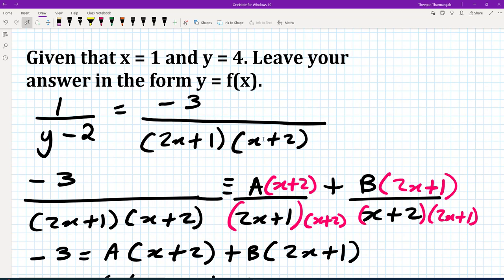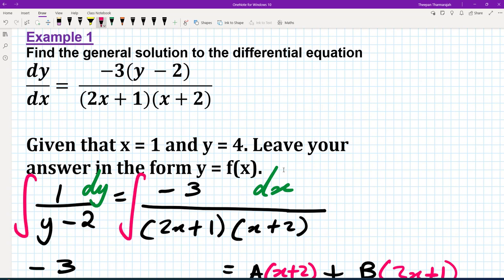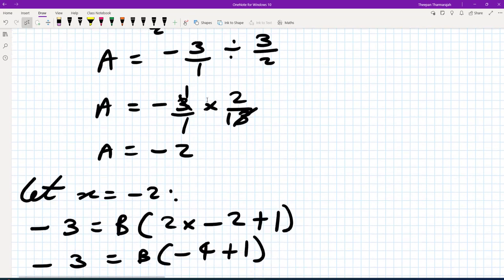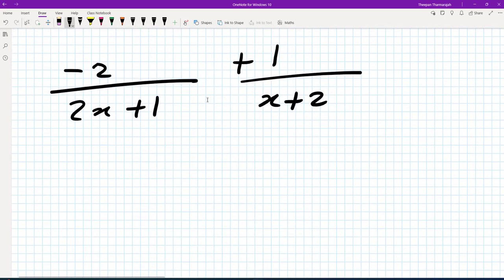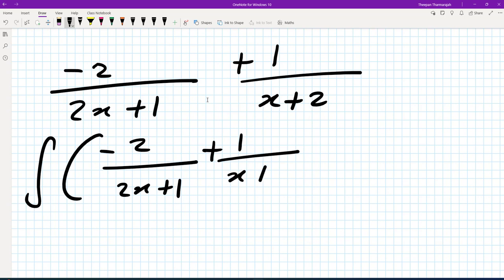So what we want to do essentially is now add in the dy's and dx's. So this is a dy here, and this is a dx here, and now we're going to integrate these. So let's do the partial fraction one first. That's going to be the integral of minus 2 over 2x plus 1 plus 1 over x plus 2 dx.